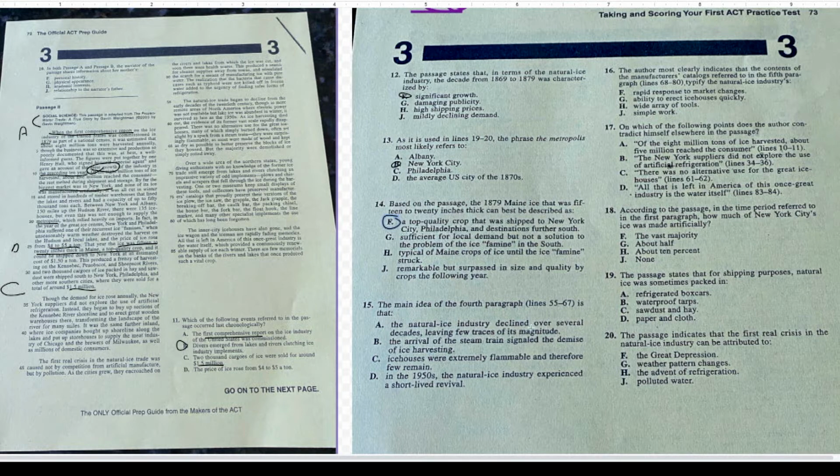The natural ice industry declined right there. The arrival of the steam engine signaled the demise of ice harvesting. Not really. Ice houses were extremely flammable and therefore few and far between, and in the 1950s it experienced a short-lived revival. This would be a detail right there, because it does talk about that, but it survived as late as the 1950s.